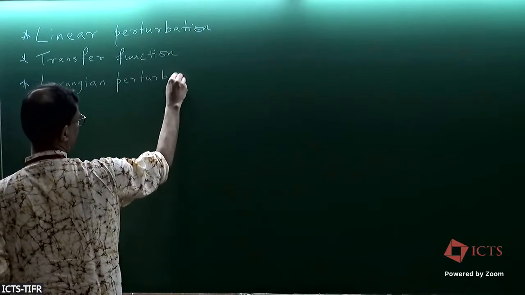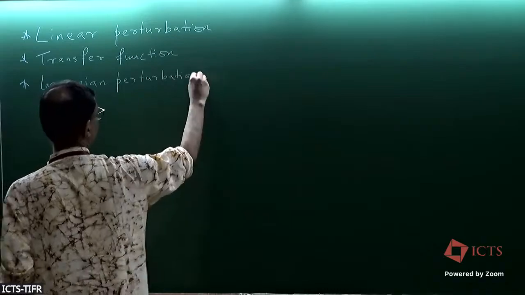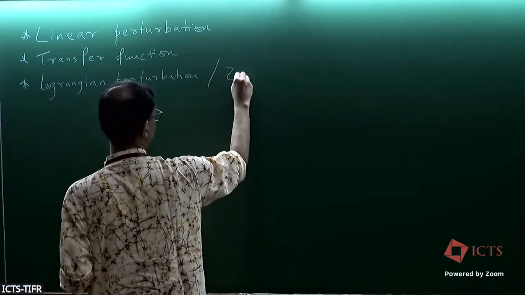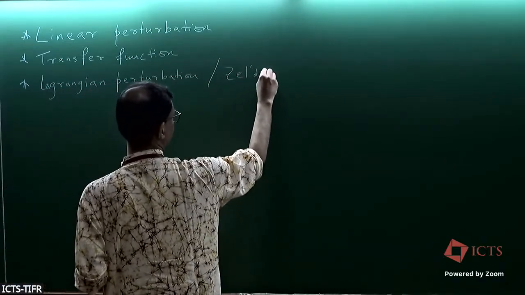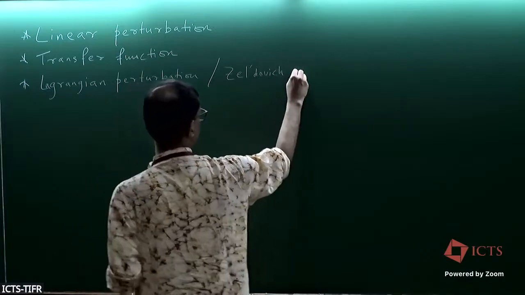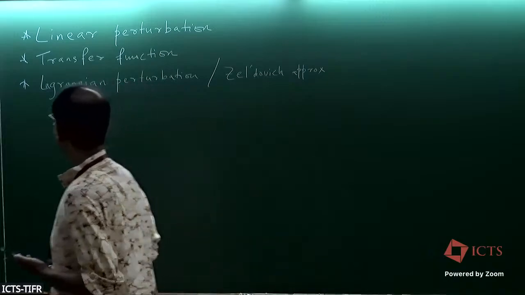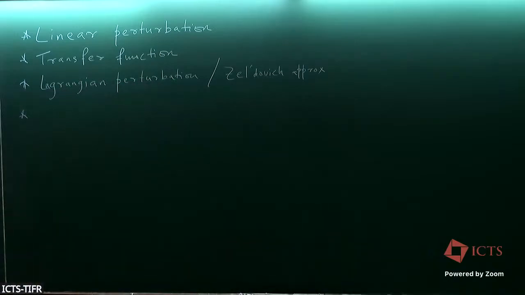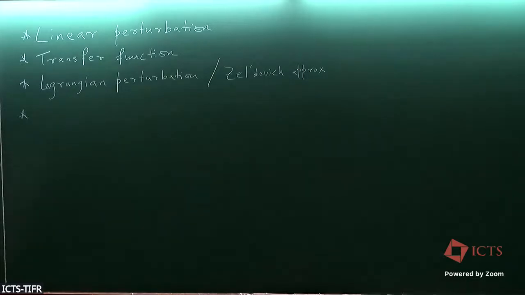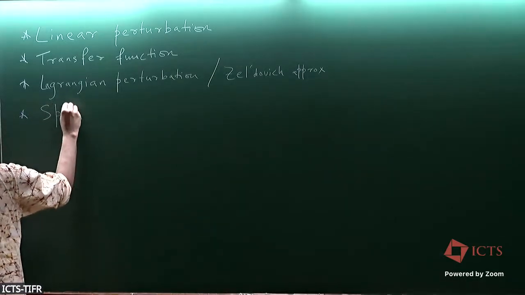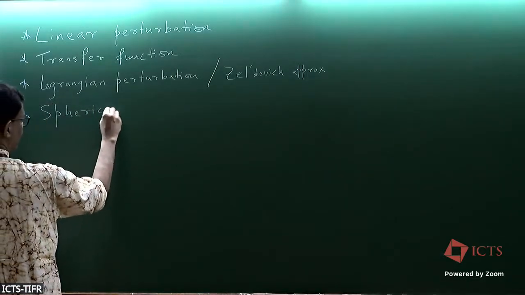In particular, we did the Zeldovich approximation. And finally, we got a glimpse of how a fully nonlinear theory may work in a very special case, that was spherical collapse.